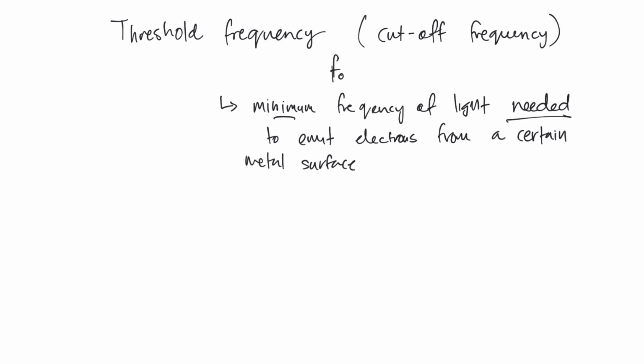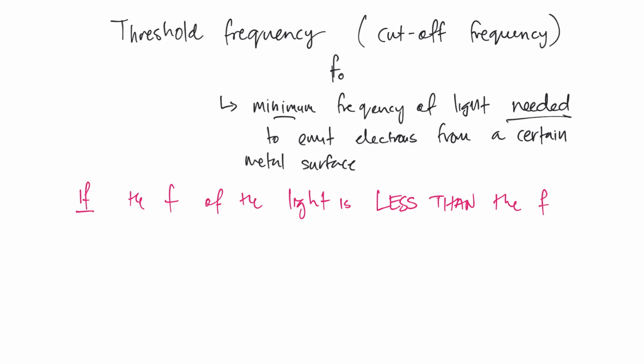So if, for example, the frequency of the light is less than the threshold frequency, right? Just using symbols. Then no electrons will be ejected. So that's the first rule.